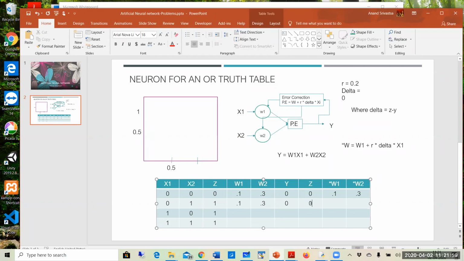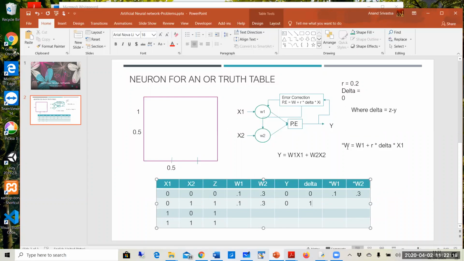The output would be the desired, or z, and the delta, I should say, the delta will be 1. 1 minus 0 is 1, so delta will be 1.